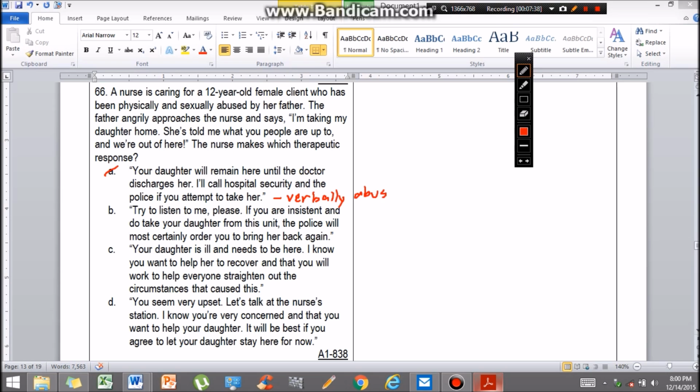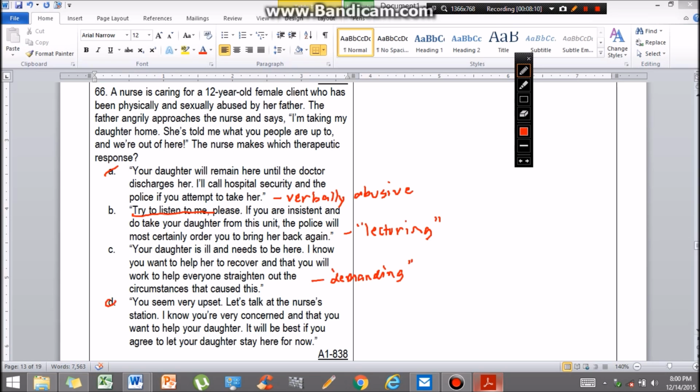Verbally abusive. Next, B. Try to listen to me. Okay? This option is somewhat lecturing and is also not a therapeutic response. C. Your daughter is ill and needs to be here now. I know you want to help her to recover and that you will work to help everyone straighten out the circumstances that caused this. This is somewhat demanding.